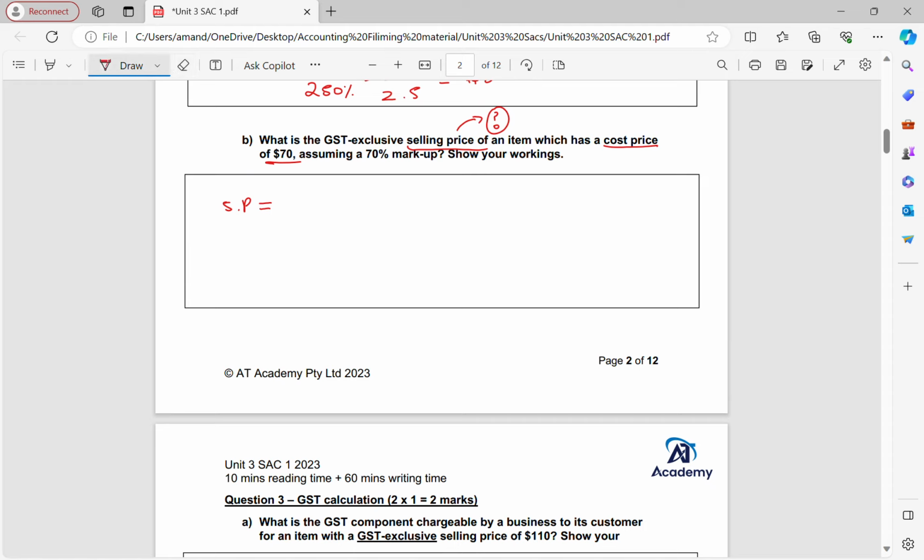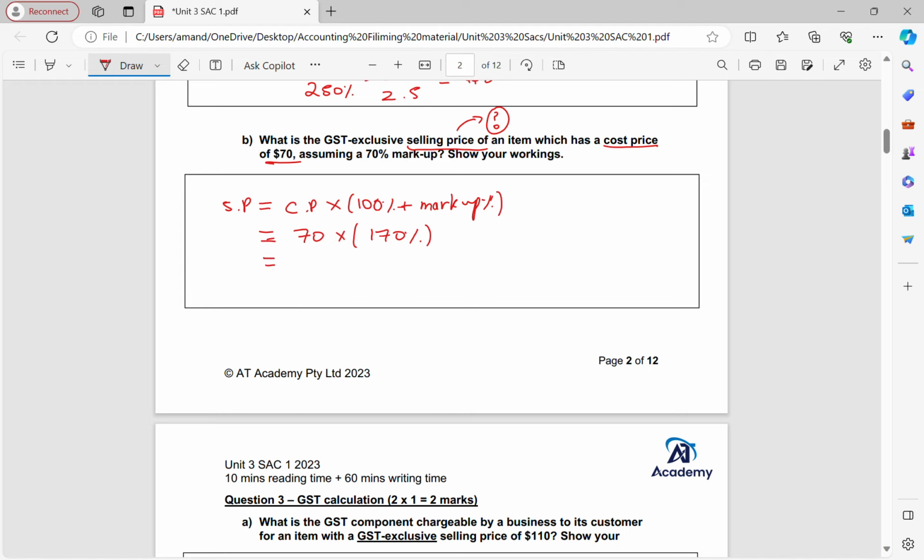So selling price is cost price times 100% plus markup percentage. There you go. The cost price is 70 multiplied by, here the markup is 170%. Right, yep, this is all good.